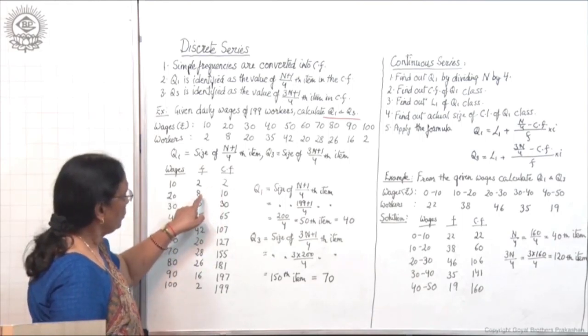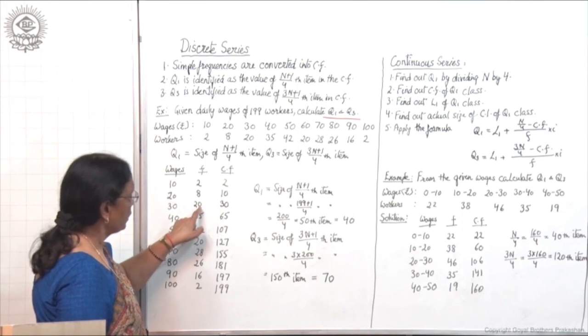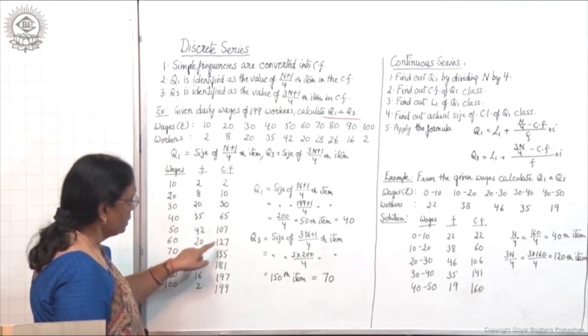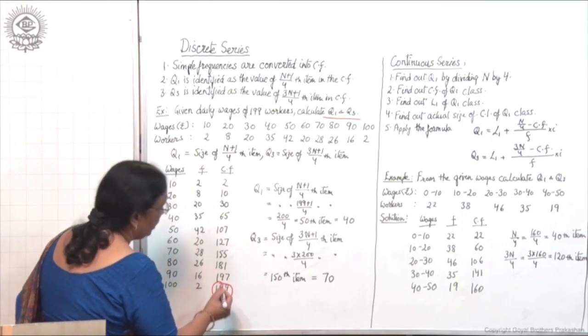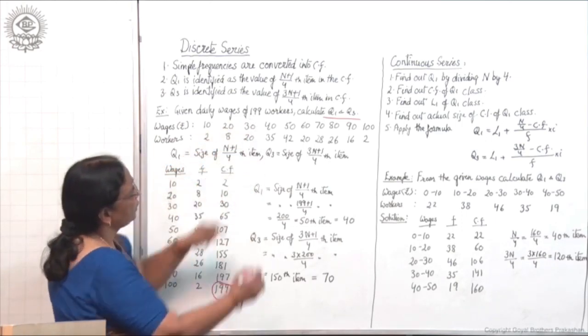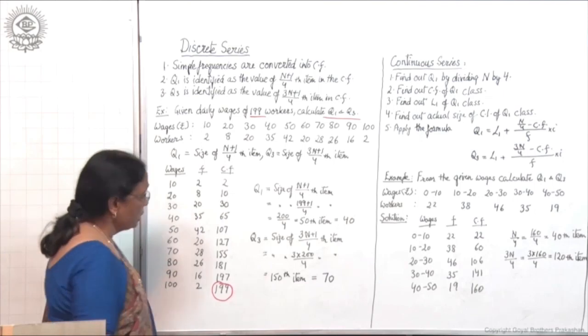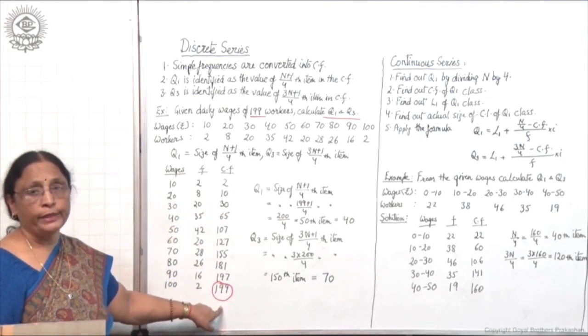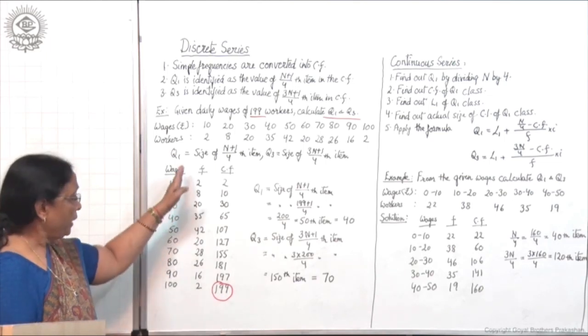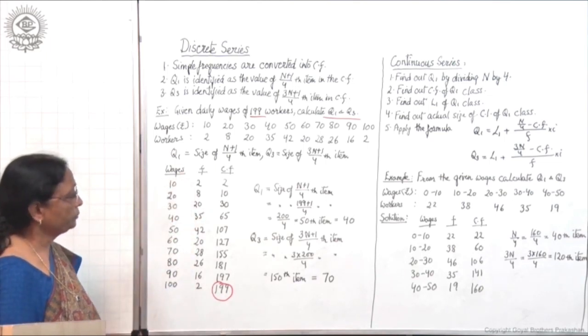Adding 2 plus 8 is 10, 10 plus 20 is 30, like this, and you get the total 199, as it is given that these are the wages of 199 workers. So the same way the total should be 199 after adding up all the frequencies.